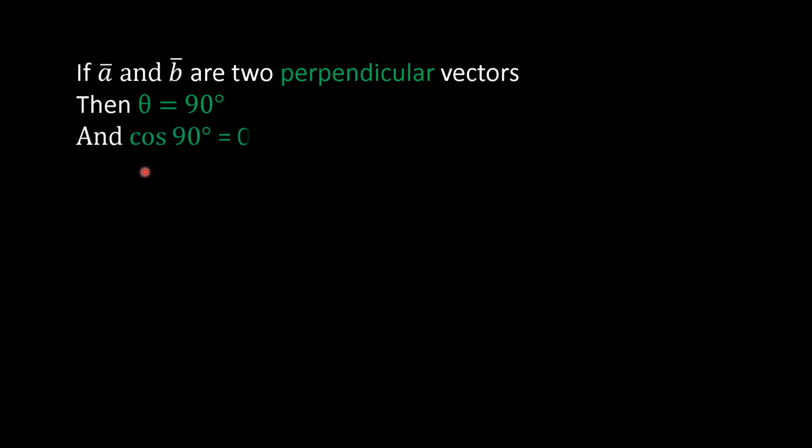If a bar and b bar are two perpendicular vectors, then angle between them is 90 degrees. We know that cos 90 is 0.